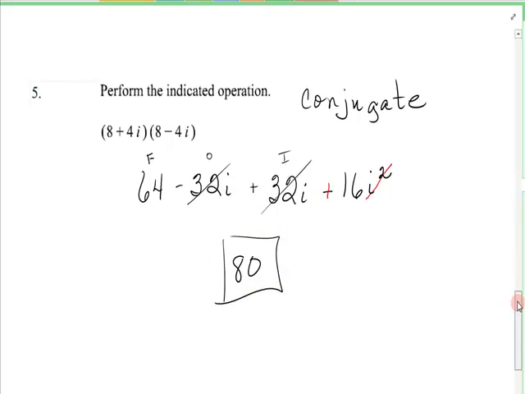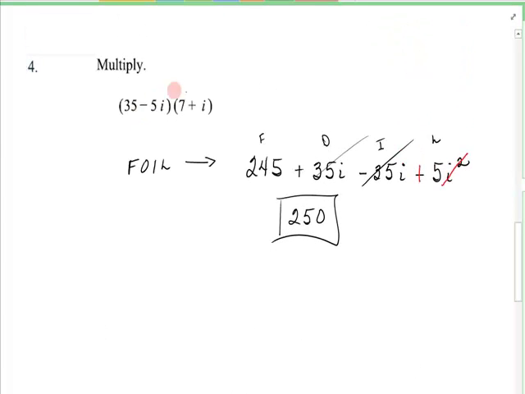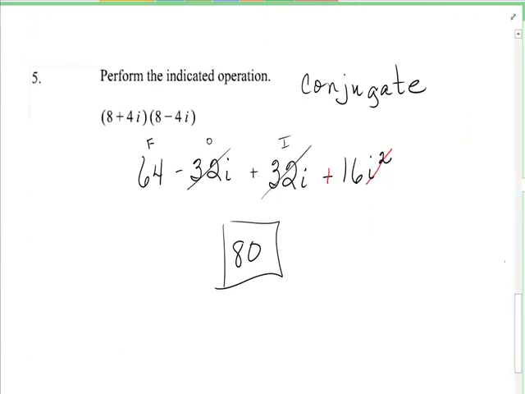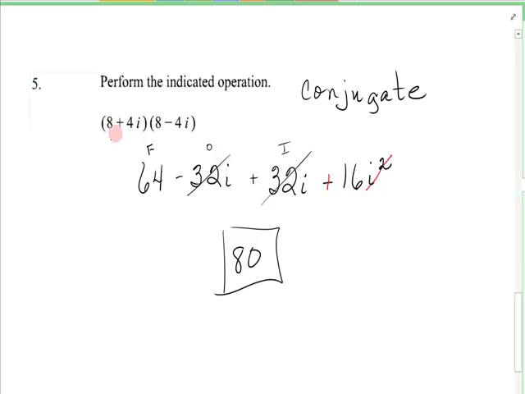Now, you can get a real answer without the two being conjugates. But if they are conjugates, you absolutely are guaranteed to get a real product. That's going to come back to visit us in our next lesson. The product of complex conjugates will no longer have an i in it.